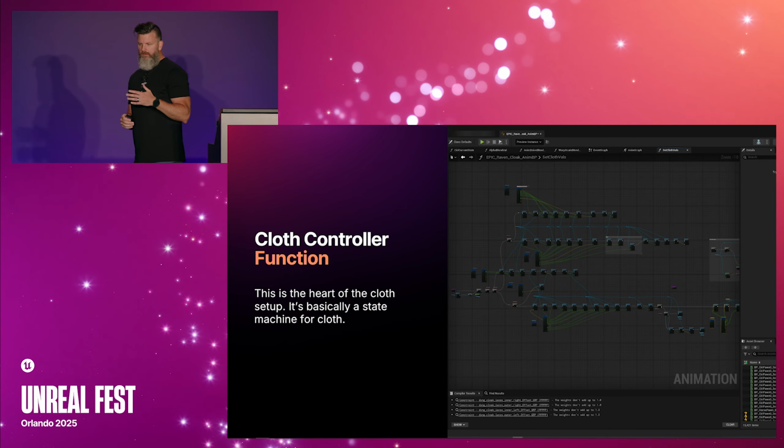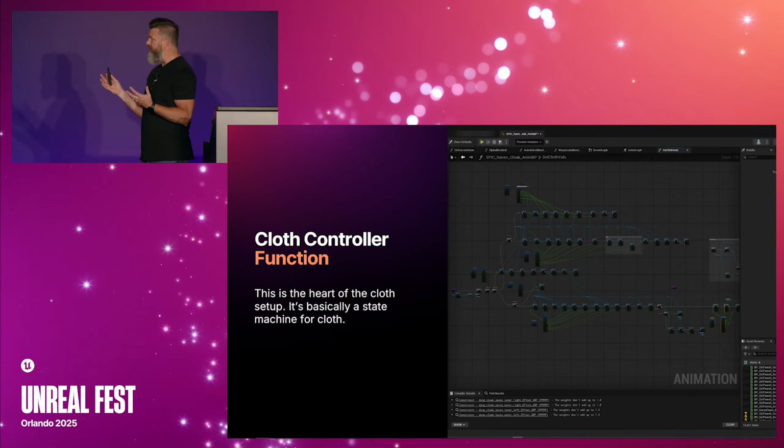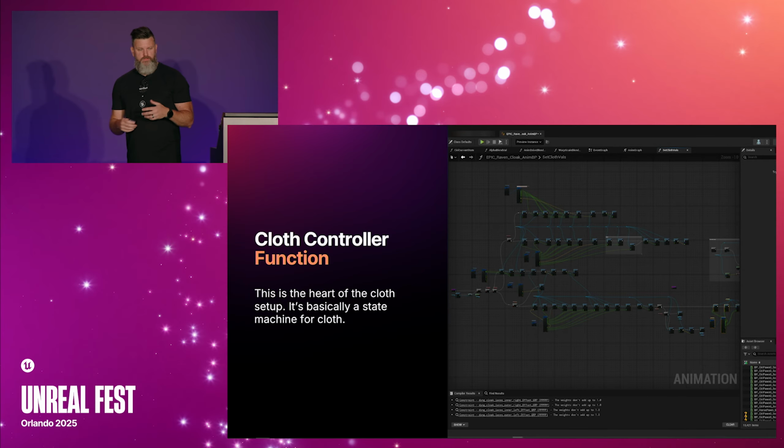So let's start off talking about the cloth controller function. This is, like I said, the heart of the cloth setup, and it's basically a state machine for Siri as she walks around. So with this function, I realized that one set of values just wasn't going to work for all the different things that Siri was doing, whether walking, running, on the horse.